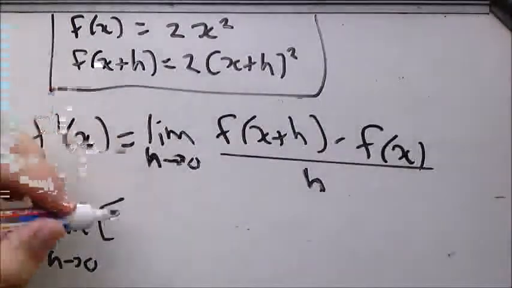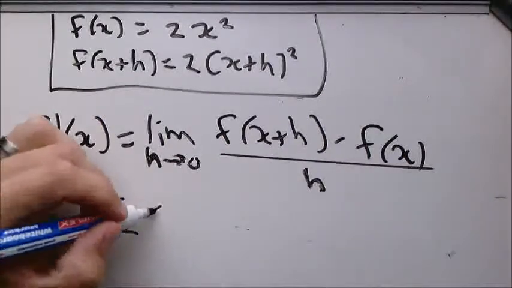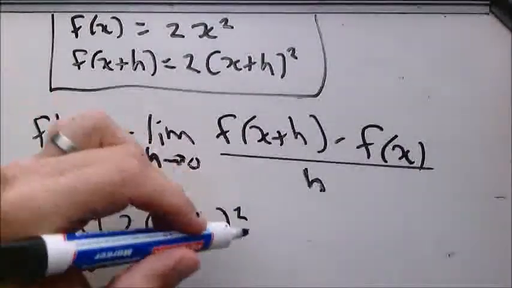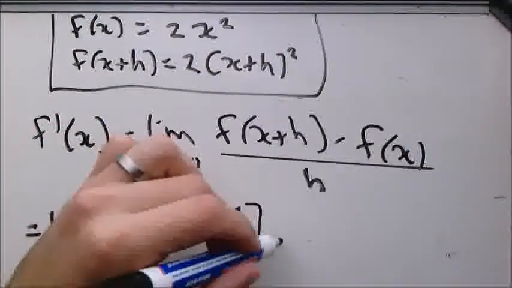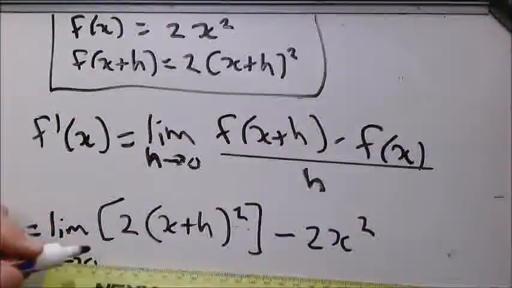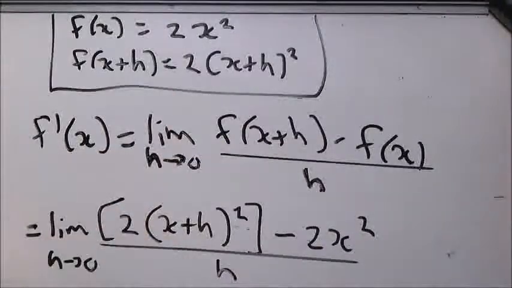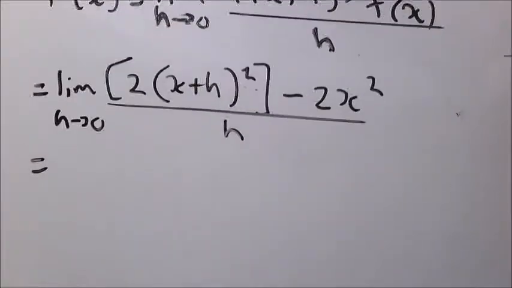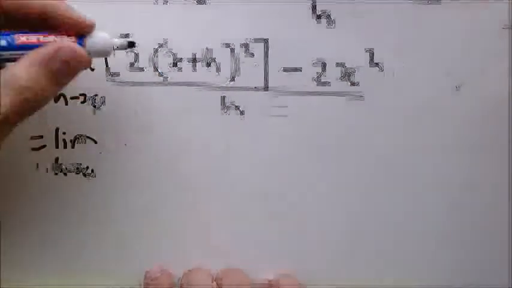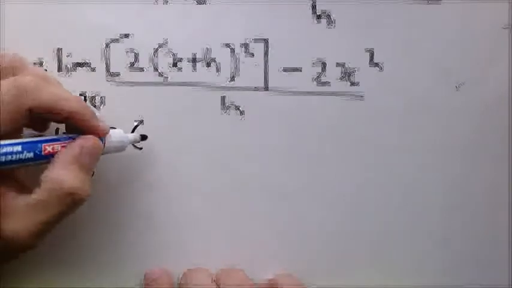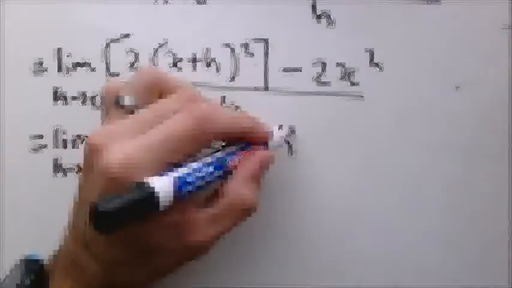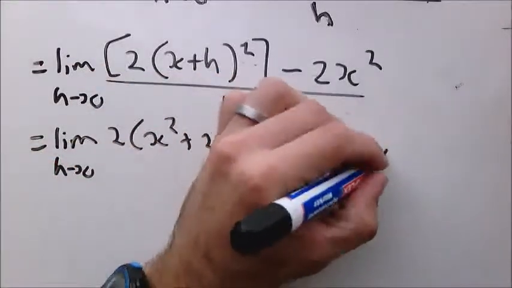Over here, f(x + h) is 2 times (x + h) squared minus 2x squared. Now we simplify the numerator. This becomes 2 times (x squared + 2xh + h squared) minus 2x squared.